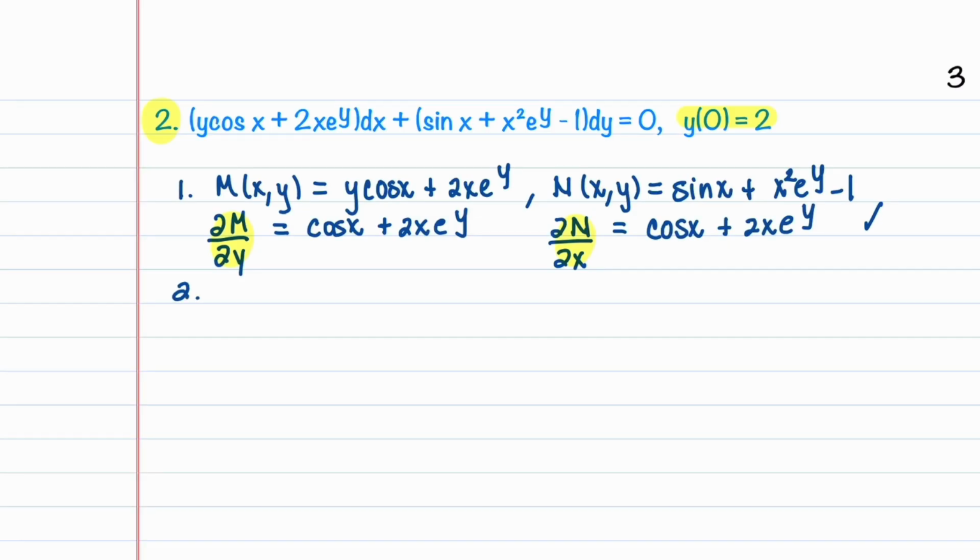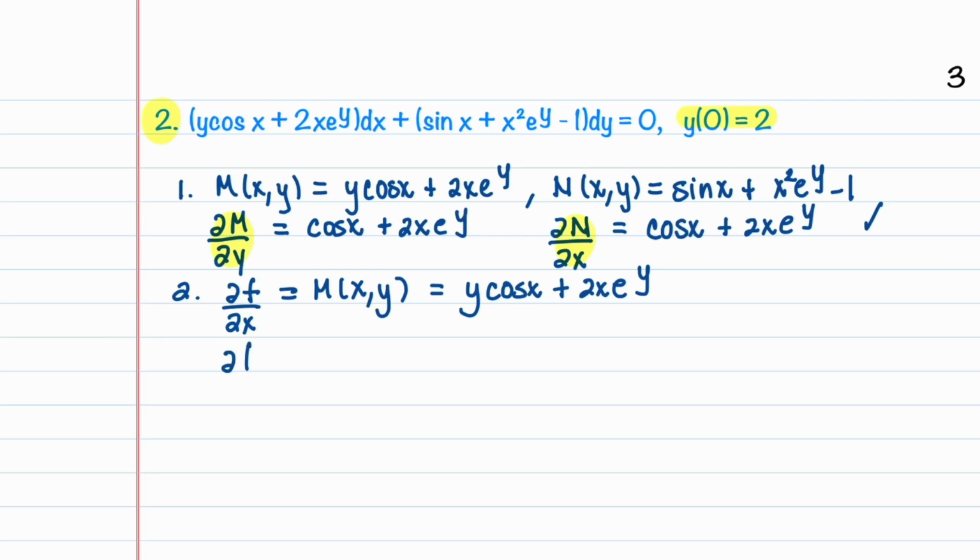We're going to start by setting the partial derivative of f with respect to x equal to m of xy. And that is equal to y cosine x plus 2x e to the y. Then we're going to set the partial derivative of f with respect to y equal to n of xy, which we found to be sine x plus x squared e to the y minus 1.